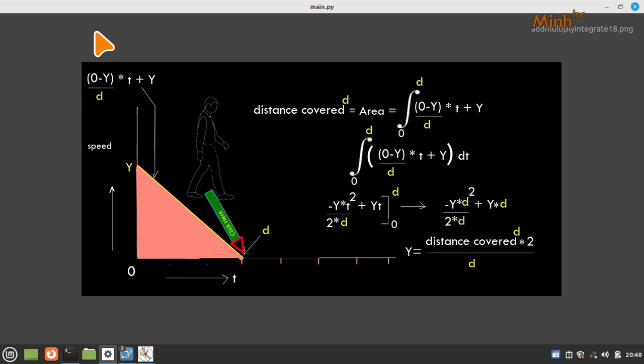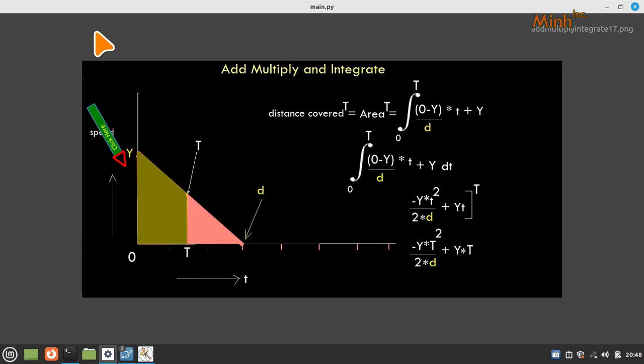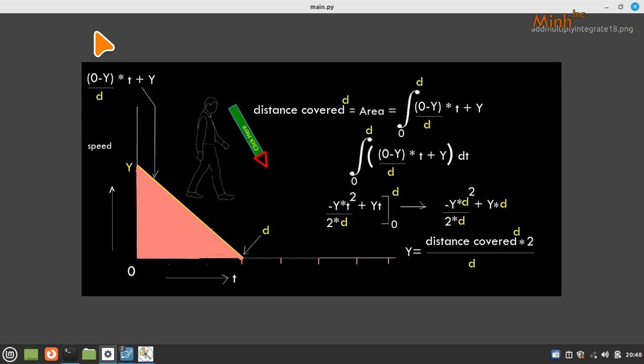So in this case, if I know the total duration it takes, and I know the distance covered, what would be the initial speed? If I know the distance, then this would be its initial speed.